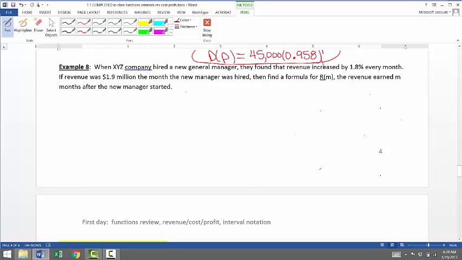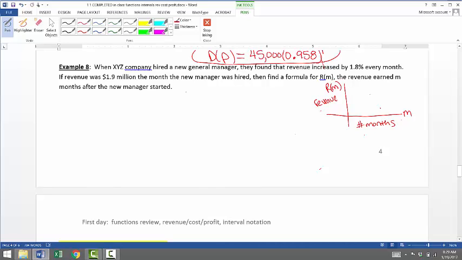So again, let's think about this, figuring out our input and output, figuring out the type of function. They're saying we're inputting M and we're outputting R of M. M stands for number of months after the new manager started, and R of M stands for the revenue that month.